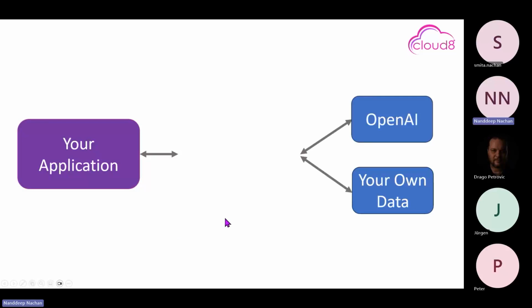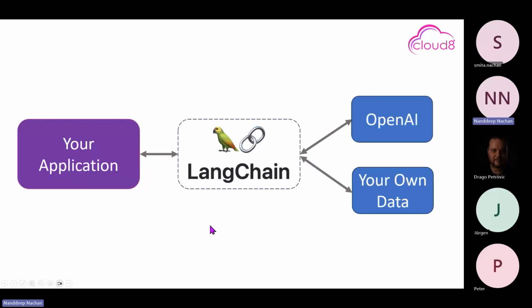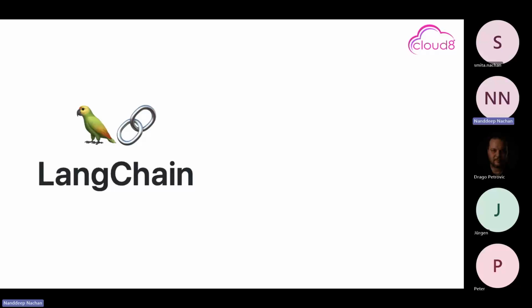So definitely we need some kind of a binding point here, which can help us connect to OpenAI. At the same time, it can also work on our own data, and that is where LangChain comes into the picture. So LangChain is nothing but a framework that allows you to build applications using large language models. Okay, so this is the LangChain that we are going to discuss now.